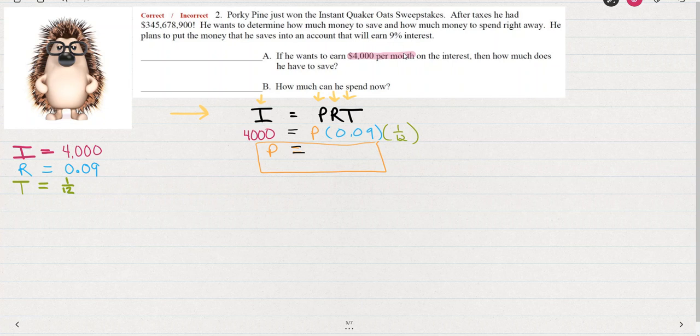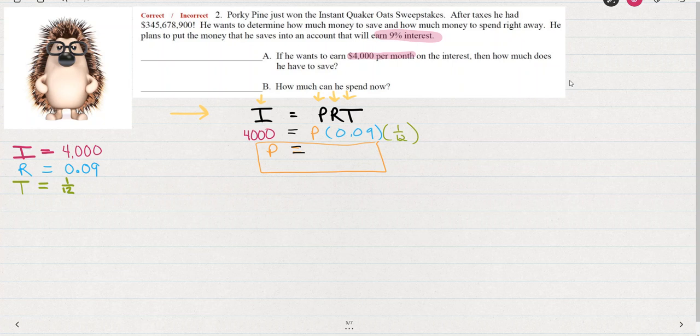We know that his interest rate is 9%. And we know that the amount of time that he's going to have the account where he wants that $4,000 is the 1/12. Now, as you read this question, it never says 1/12 anywhere.